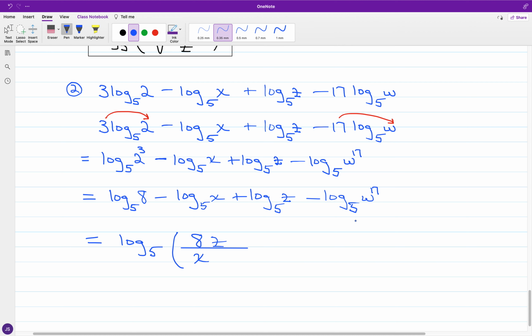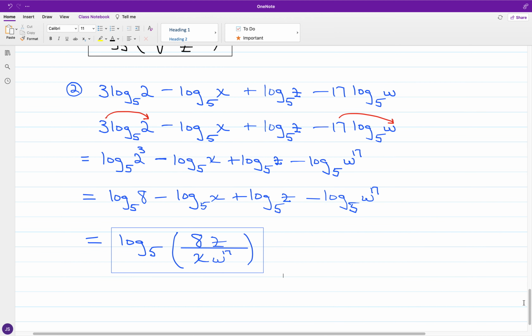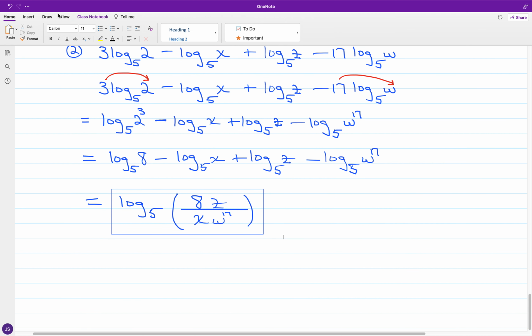And the last term, we have a negative, with the attachment w to the 17th, so in consolidating, w to the 17th will go on the bottom. So this will be one way upon which we can establish or present the end result.